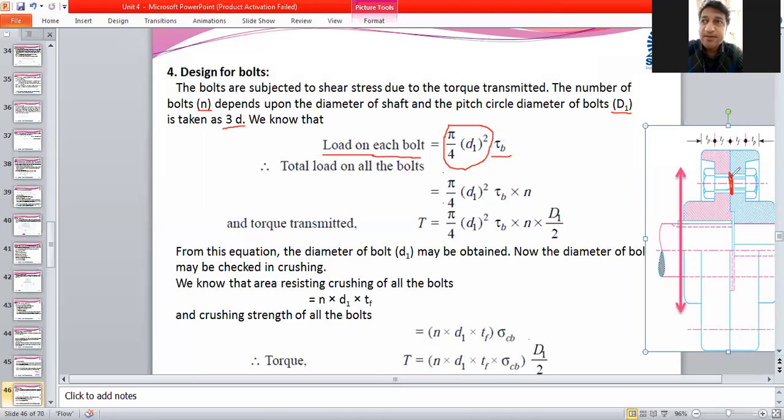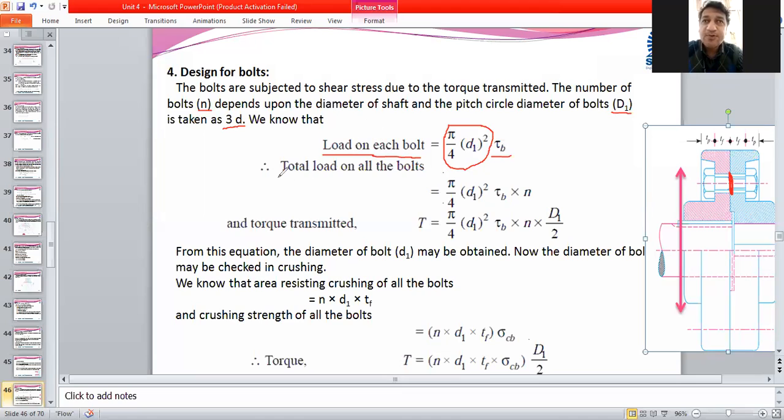Now here you can see this red line where this bolt will go under shear. So we have to take shear stresses. The allowable shear stress for the bolt multiplied by its area will be the load taken by a single bolt.